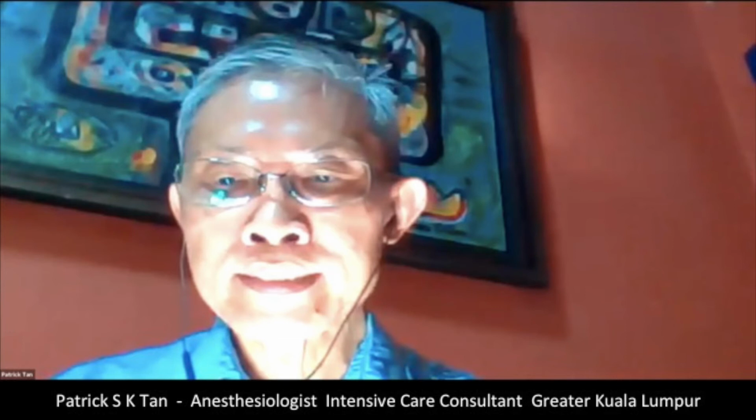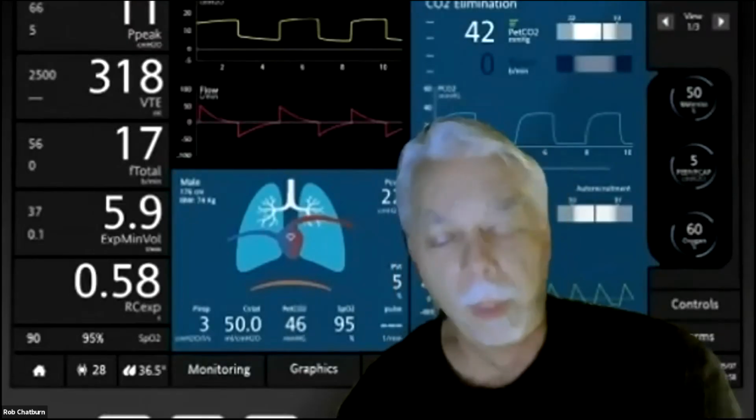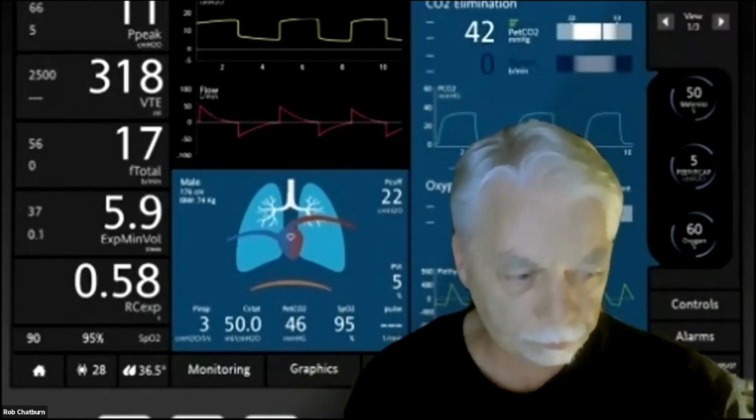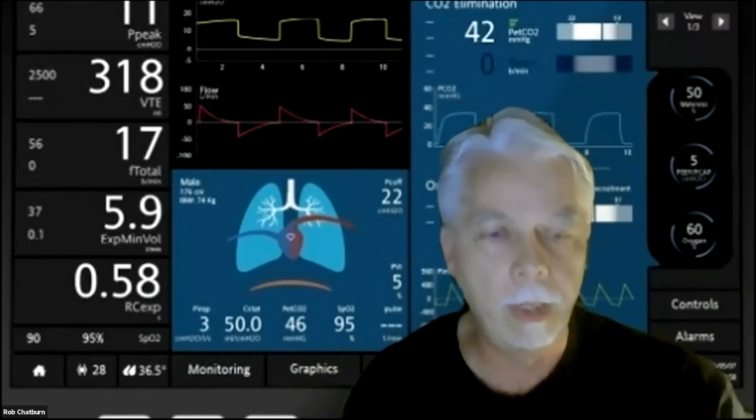I'd like to ask Rob, is there any prospect in which developing a multi-compartmental model may allow us some further insights into the regional power distribution? Yeah, absolutely. That's probably going to be the next phase of research that I do with Marini.